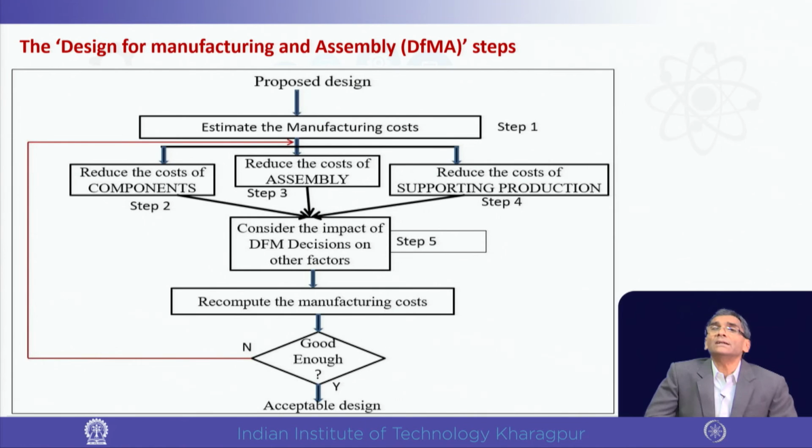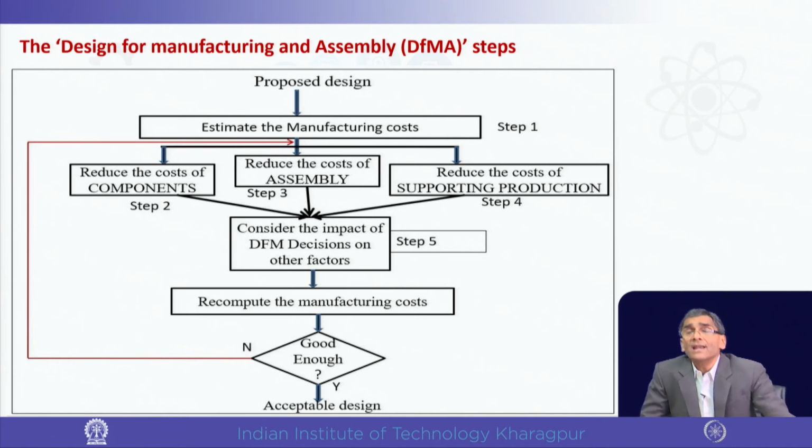Whether by doing that it is becoming environment unfriendly, creating greenhouse gas or pollution, that is not acceptable. If that happens, then it cannot be done; otherwise recompute the manufacturing cost. If it is meeting the target cost, then accept it; otherwise repeat the process once again. In the next iteration, reduce the cost for each aspect: component, assembly, support system.